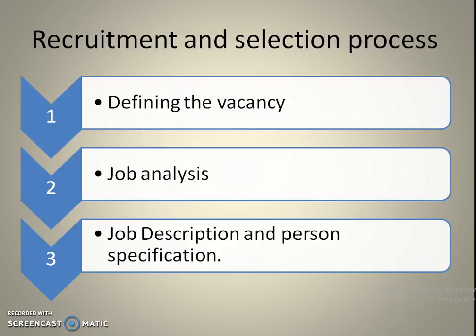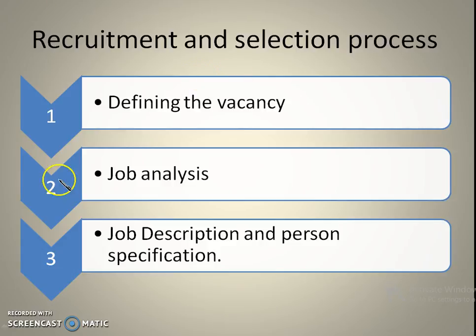Usually the HR manager will come to know if there is a vacancy in an organization, and it can be known from various methods like the web method, the diary method, interviewing the branch managers and department managers, asking them if there are vacancies, or retirement of people, promotions, transfers, death of a person. This will create a vacancy or a slot in an organization which can be filled up.